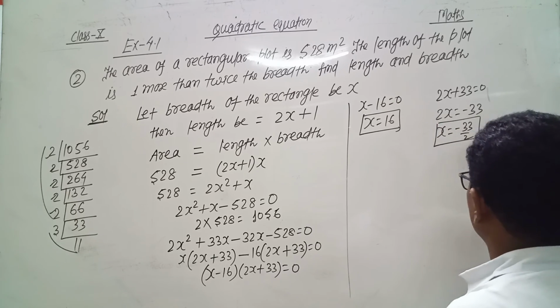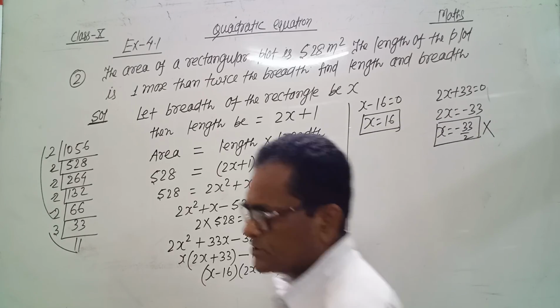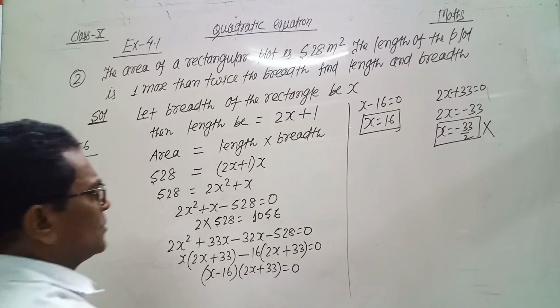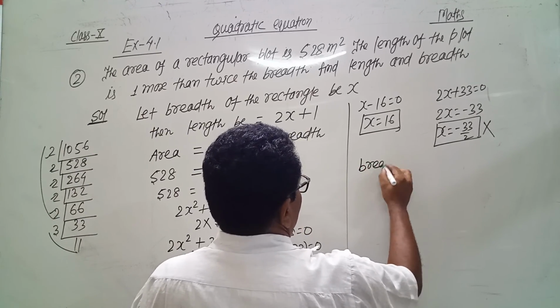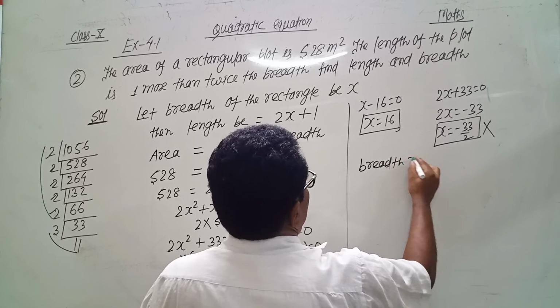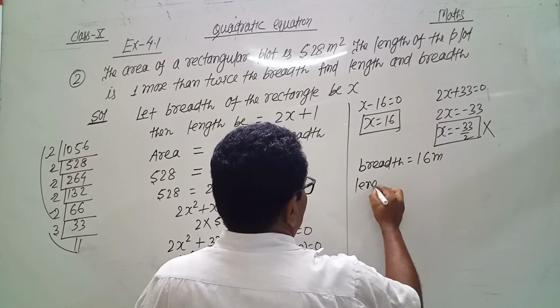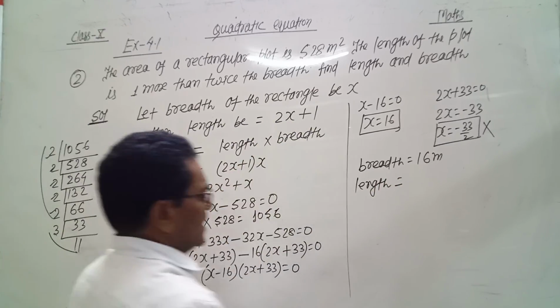We can't take this value because x should not be negative. We have taken x as the breadth of the rectangle, and the breadth can never be negative. So we take the positive value, and the breadth of the rectangle is 16 meter. And what about its length? Length equals 2x plus 1.